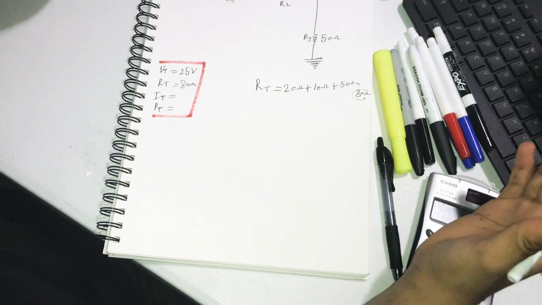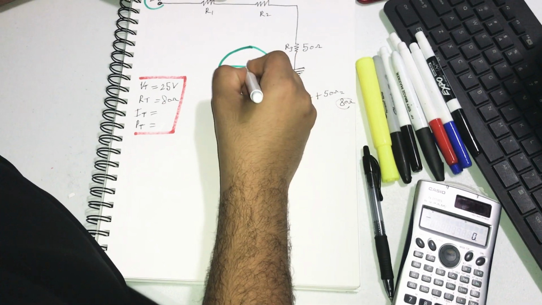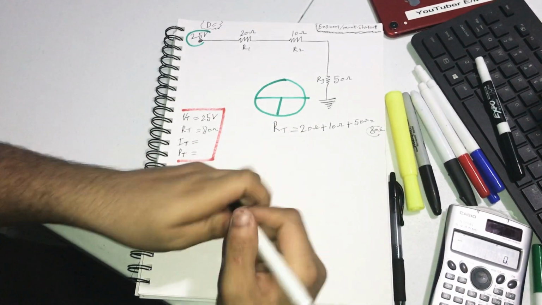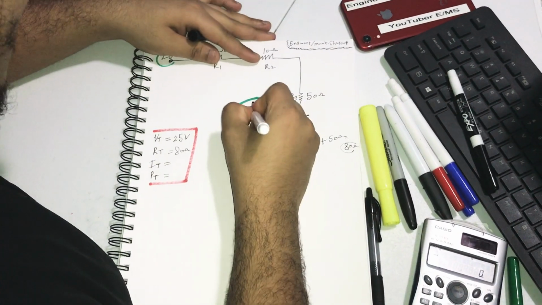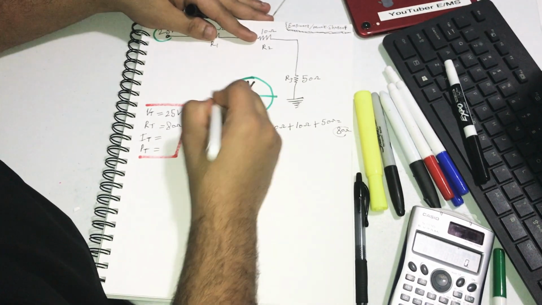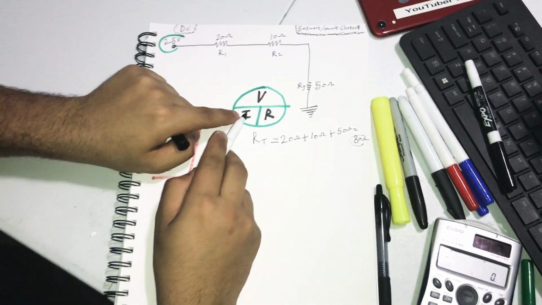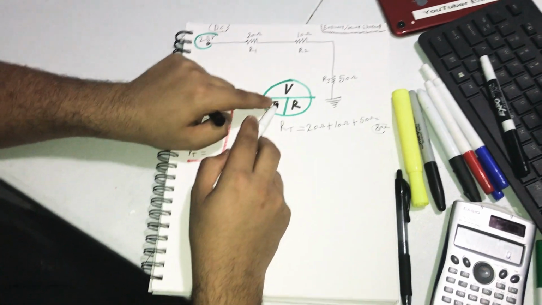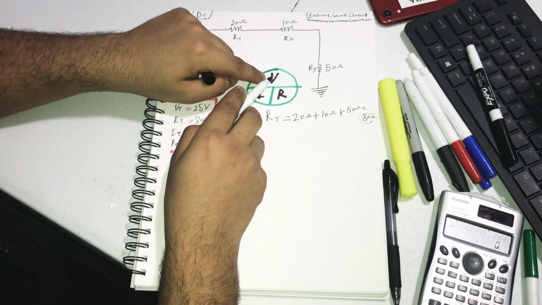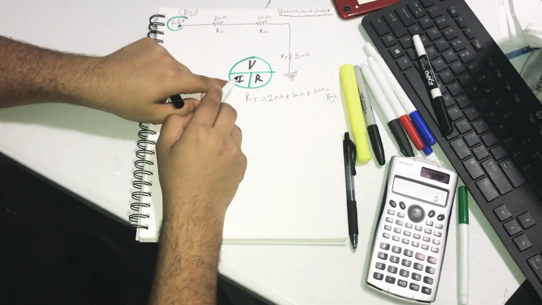If you're going into the engineering department, always remember this formula: V, I, R, voltage, current, resistance. Right now we need to find the current, the amps. So we put the volts divided by the resistance to get the amps.